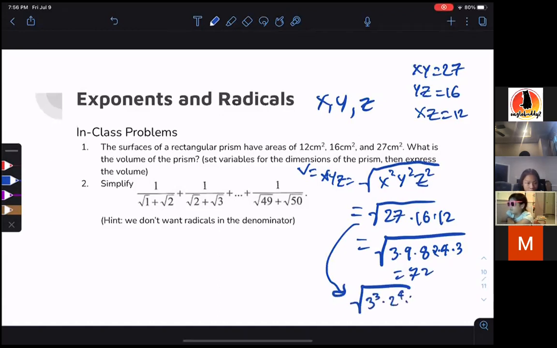Then we would have square root 1 minus square root 2 plus square root 2 minus square root 3 all the way to square root 49 minus square root 50, all in the numerators. And then taking the negatives of these, we cancel out the middle terms and we get 5 root 2 minus 1.